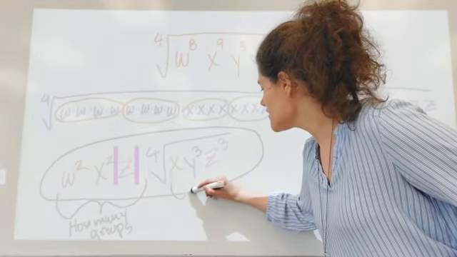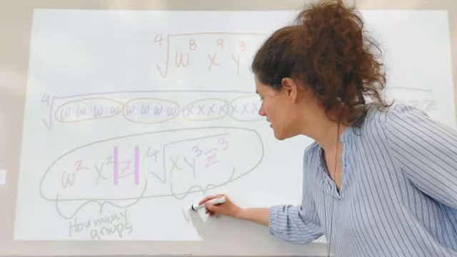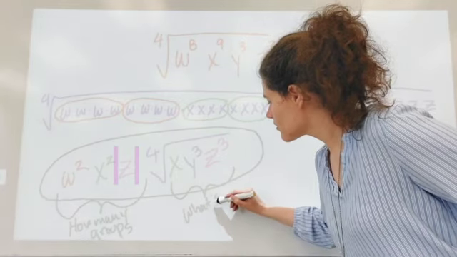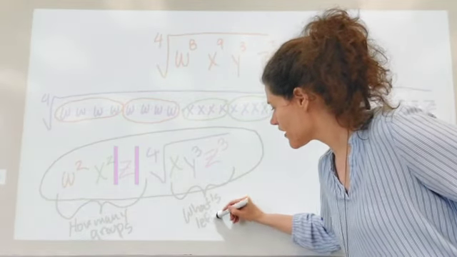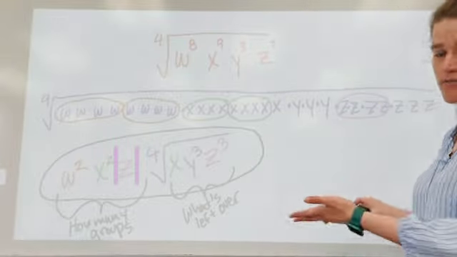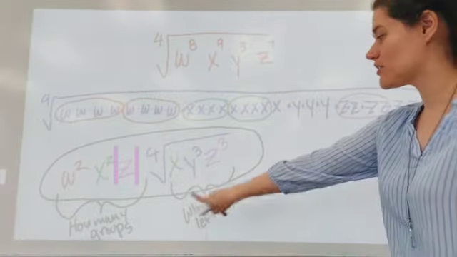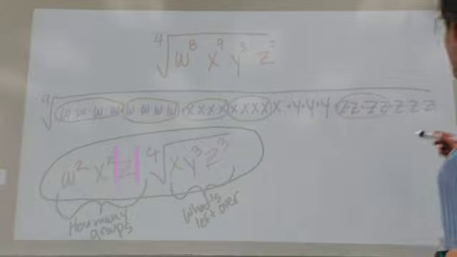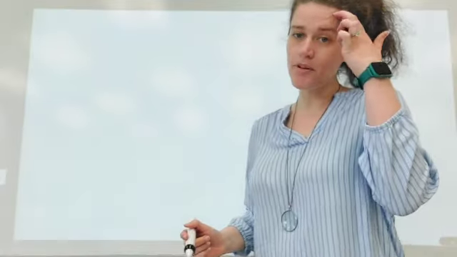And then this is going to tell me what's left over after I make those groups. Okay, so if that's something you want to include with your notes, those little hints there, that might be a good idea. So let's look at another example.